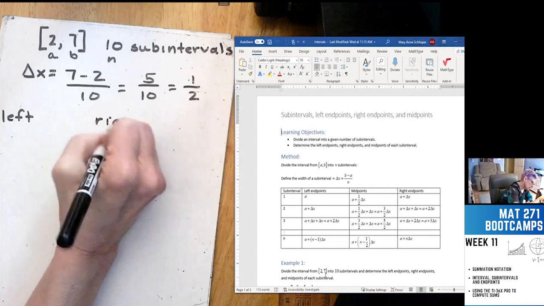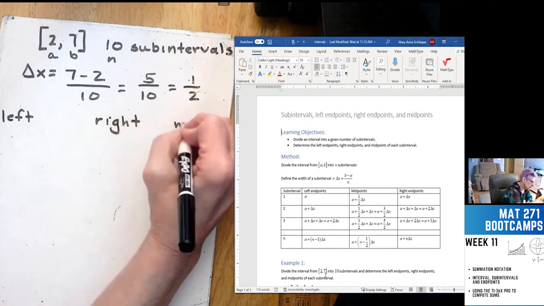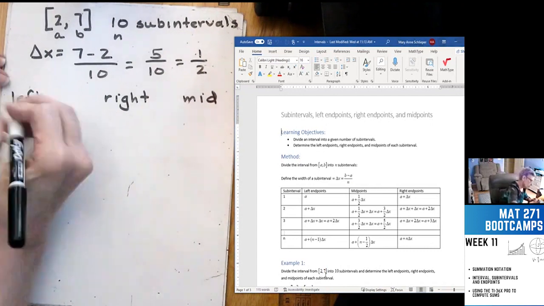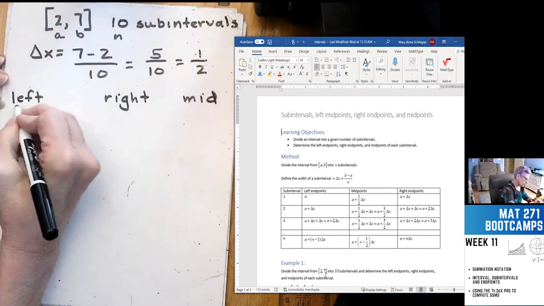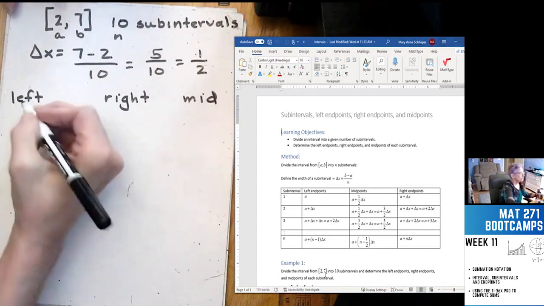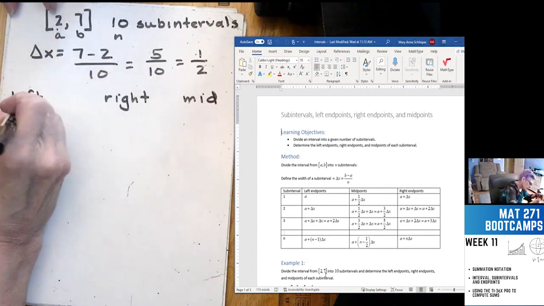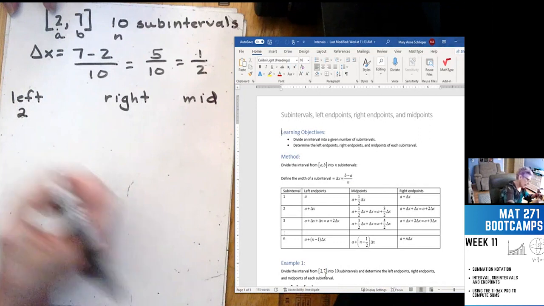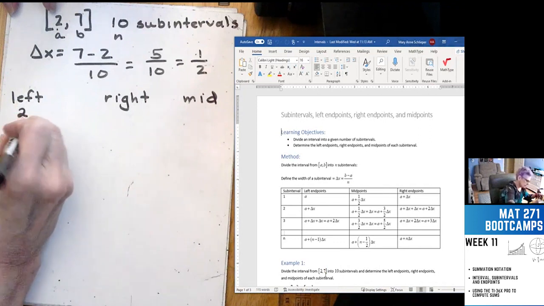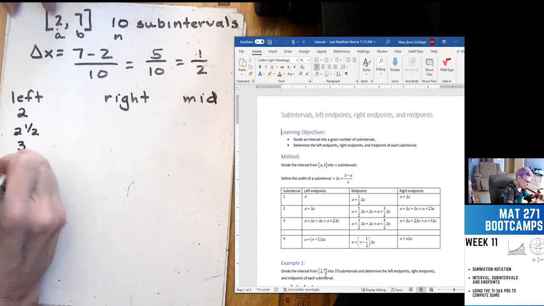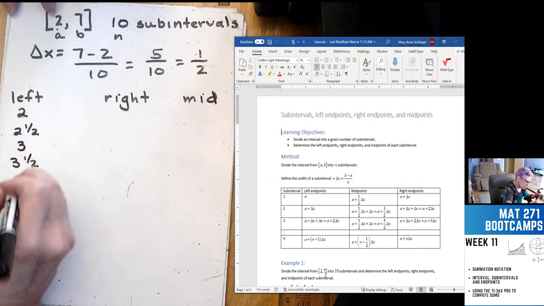Left, right, mid. See if I can fit them all on one page here. So my starting point for my left endpoints is going to be A, 2. Then I add 1/2. Then I add another half. I add another half.